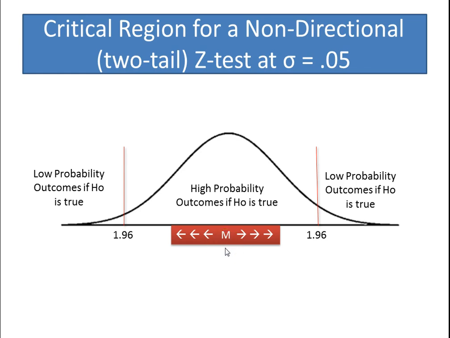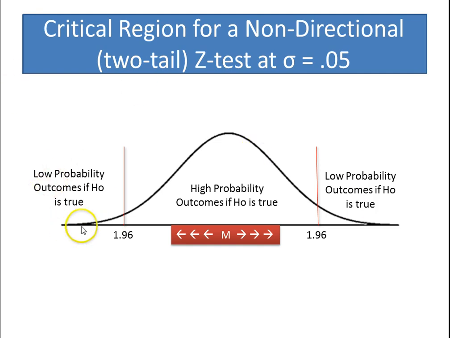And if we do see an effect from touch, if touch does have an effect on weight, then there is going to be a very low probability of particular outcomes if indeed the touch does not work.